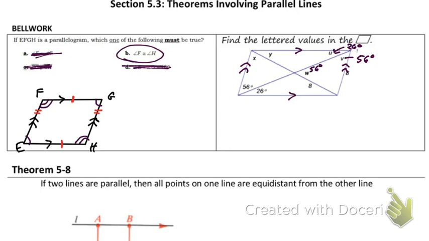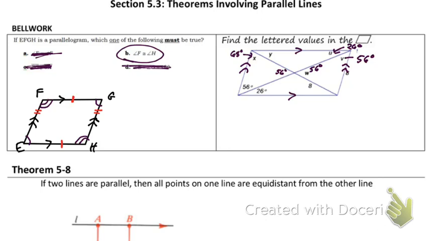How do I go from here to get to X or Y? So the vertical angle of W is 56. So that's my vertical angle, that's 56. And X has to equal 180 minus 112. So it's 68, cool. All right, you can stop there.